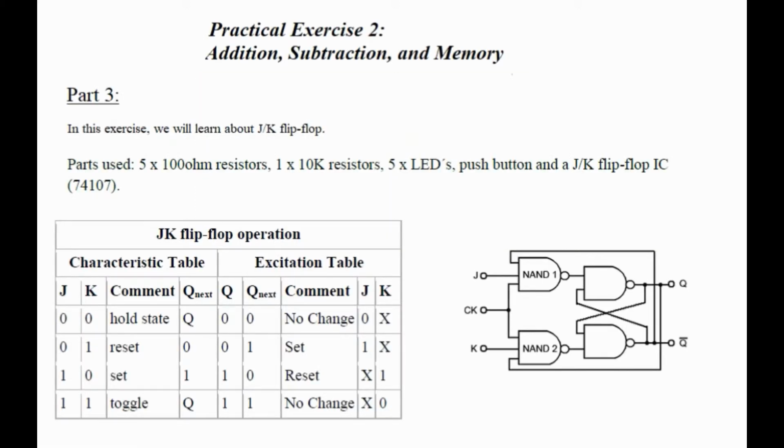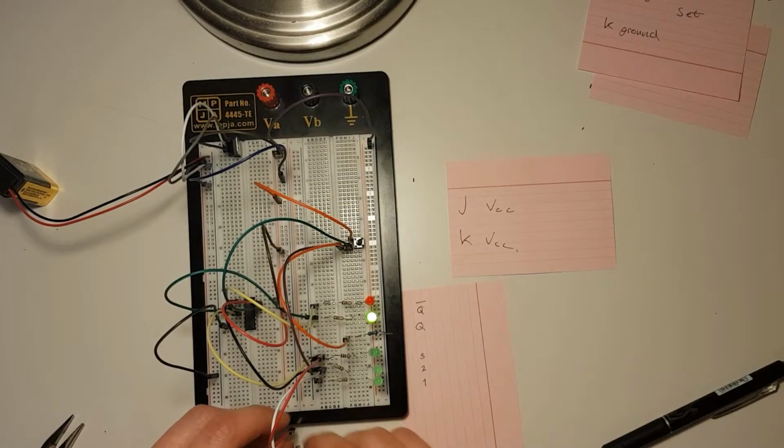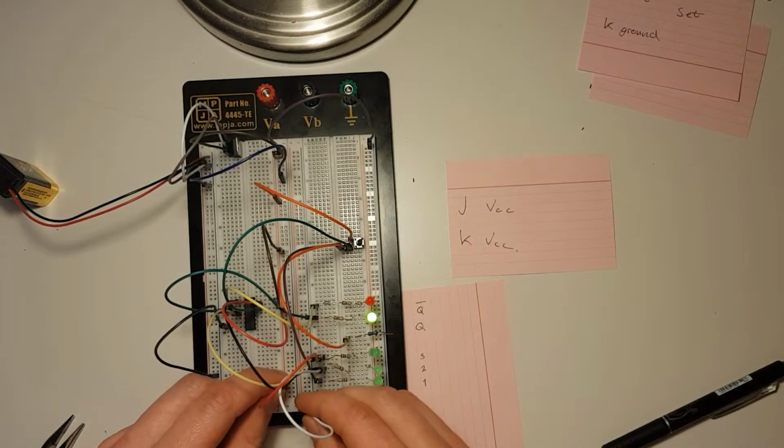In the third part of this experiment, we take a look at the JK flip-flop circuit. The difference between the JK flip-flop and the SR latch is that the JK flip-flop is much more complicated and it doesn't rely on which button was pushed previously.